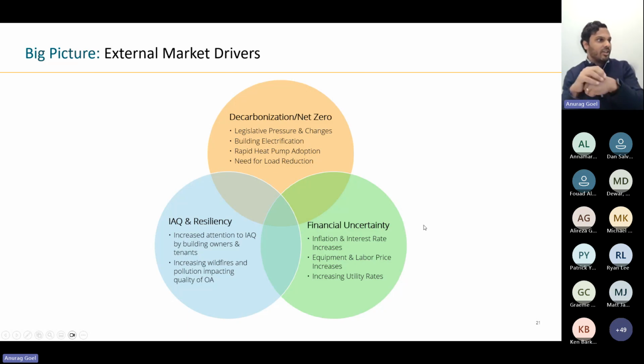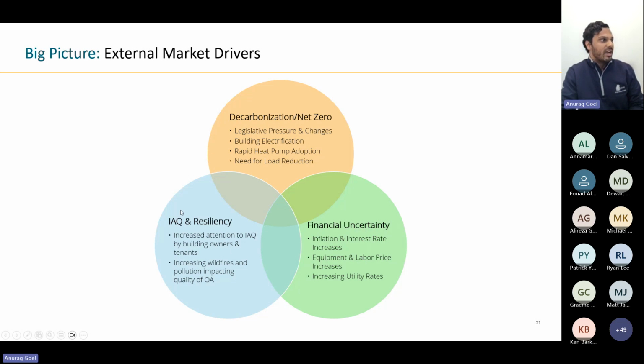Shown here in a Venn diagram, as a designer, as a building operator, as a contractor, perhaps you have different market drivers, many around financial uncertainty, rising interest rates, rising utility rates, overall increases in cost of construction.